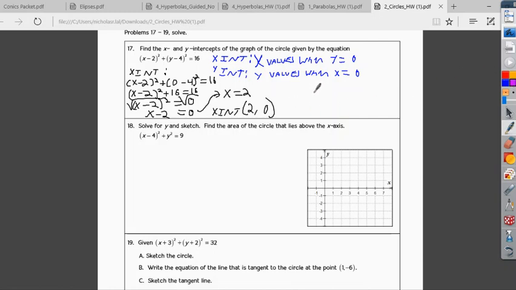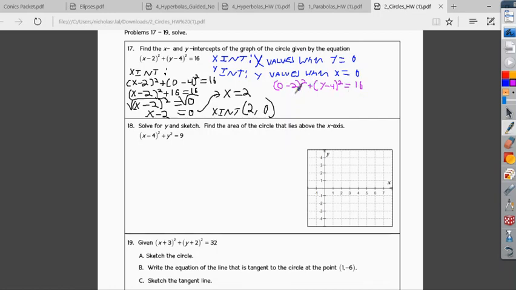The y-intercept is the y values when x is equal to 0. So you'll have 0 minus 2 squared plus y minus 4 squared is equal to 16.